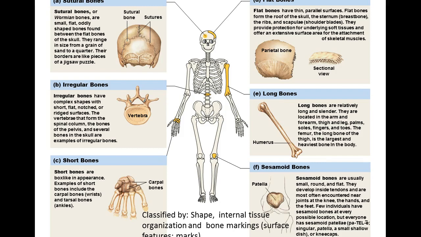And then the last shape here is a sesamoid, and everybody has a sesamoid bone. A sesamoid bone is a bone that you find in a tendon, and the patella is the sesamoid bone that we all have. Other people can have sesamoid bones in other tendons, and sesamoid bones can be created in other tendons. They don't tend to be as useful as the patella.